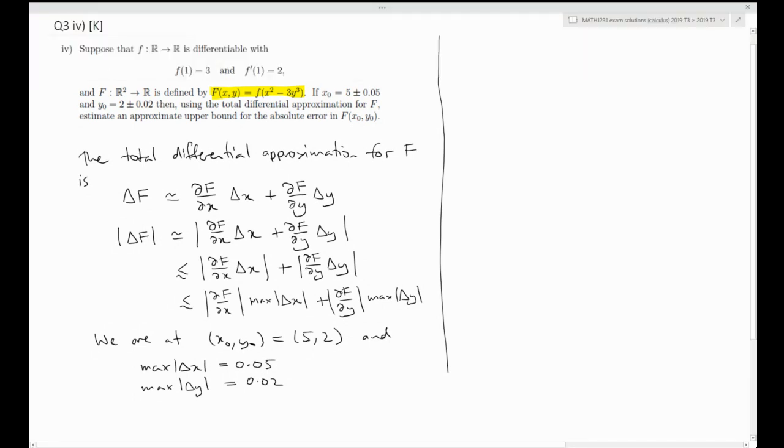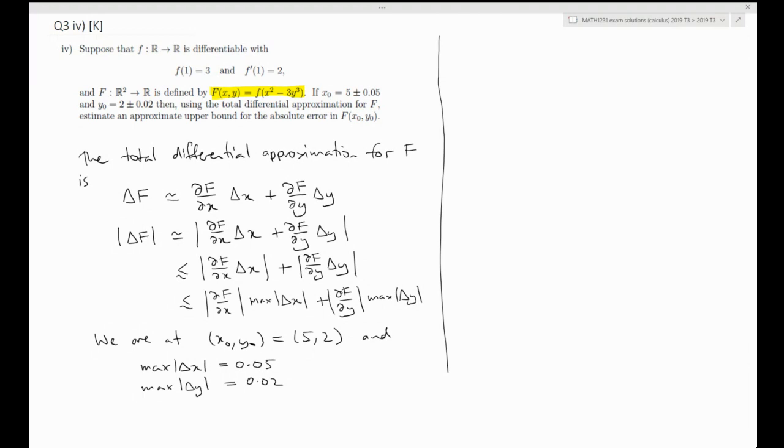It's capital F of xy is little f of x squared minus y cubed. So we want to find out the derivatives of capital F and relate them to the derivative of f, because we're told something about the derivative of f. We're told that f dashed of 1 is 2, and hopefully that's going to come out of this.